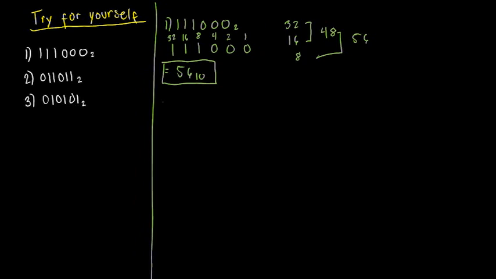So, move on to number 2. Same thing as before. You write down 1, 1, 0, 1, 1, base 2. We rewrite it and space it out so we can read it better. So here we see that numbers 1, 2, 8, and 16 are the ones that have ones.